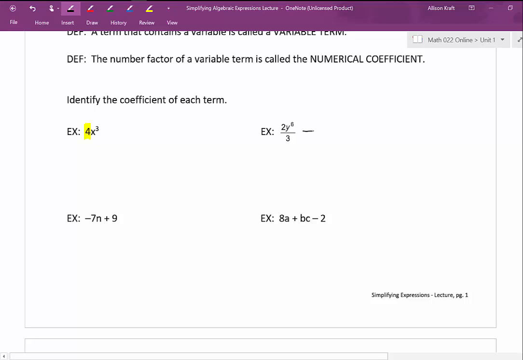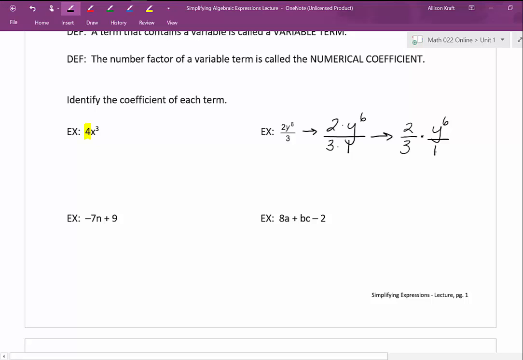We can rewrite the numerator as 2 times y to the 6th and the denominator as 3 times 1. Using the rule for multiplying fractions backwards, we can split this up into 2 separate fractions: 2/3 times y to the 6th over 1.